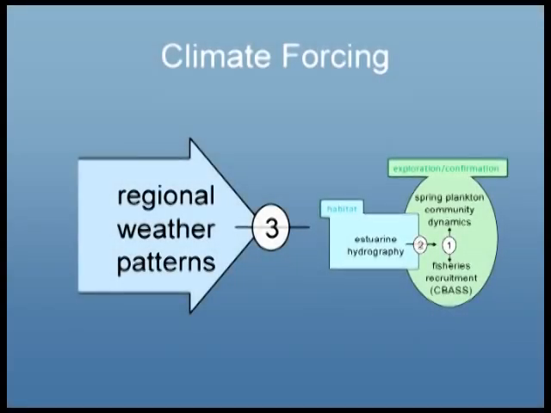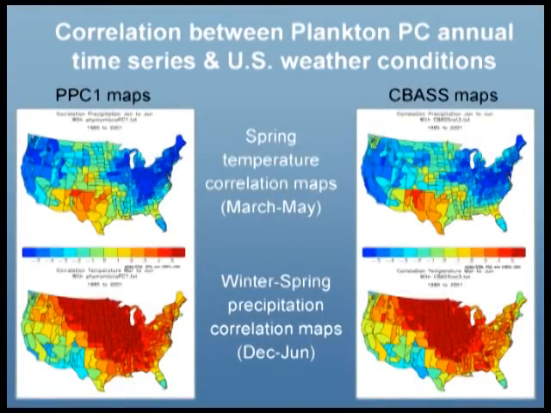So now let's look at regional weather patterns. And what we see, in fact the continental weather patterns, is that spring precipitation from March to May is negatively related to Plankton PC1 and negatively related to the sea bass pattern as well.